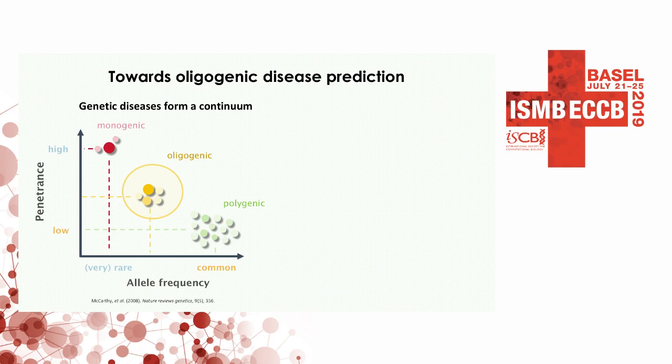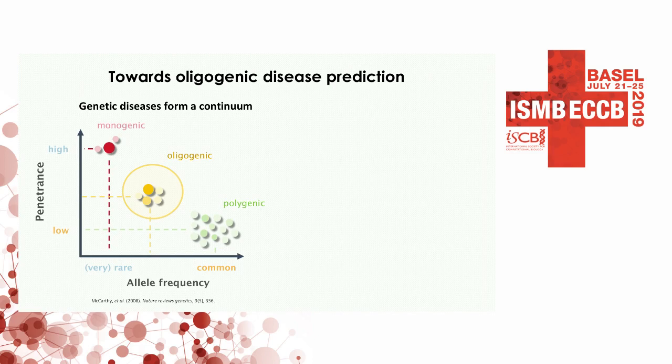In Europe, there are around 30 million people affected by a rare disease, and 80% are suspected to be of genetic origin. You might have heard genetic disease described as either monogenic or polygenic, but actually it's mostly a continuum. On one side you have the monogenic diseases caused by rare variants in a single gene, with a very strong effect of this variant.